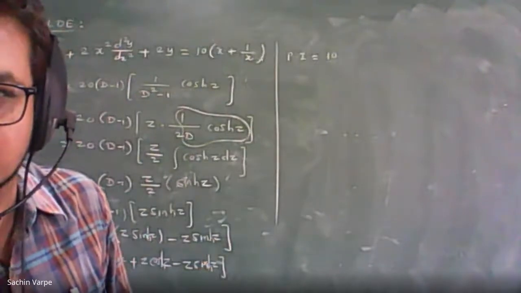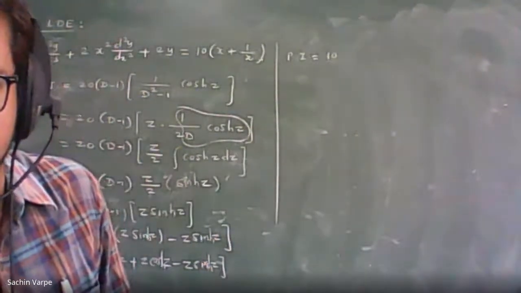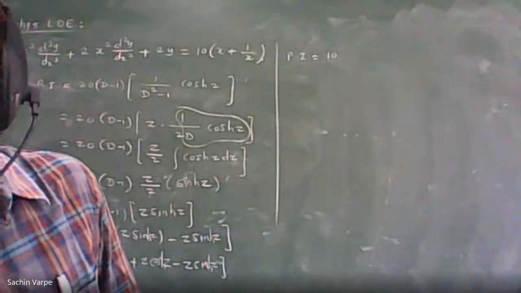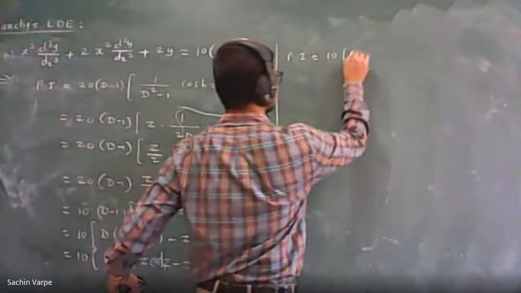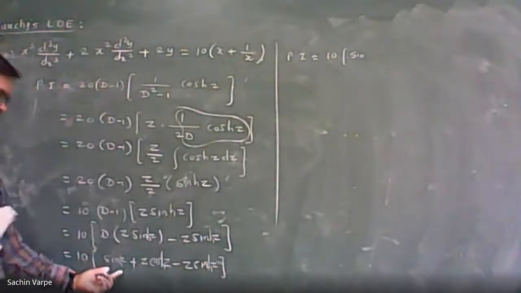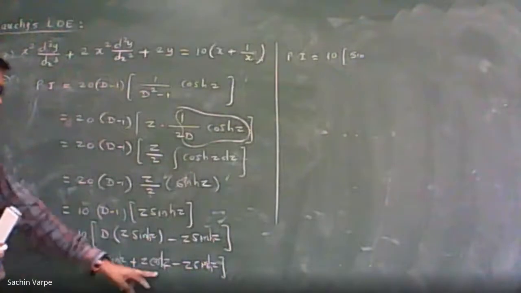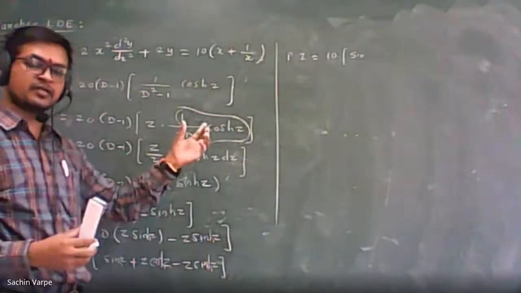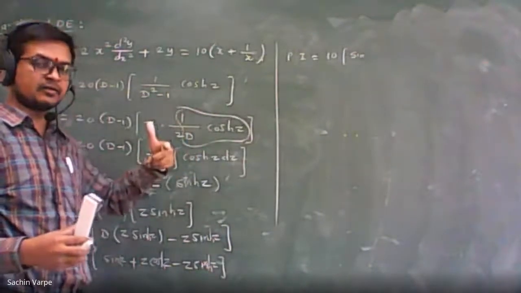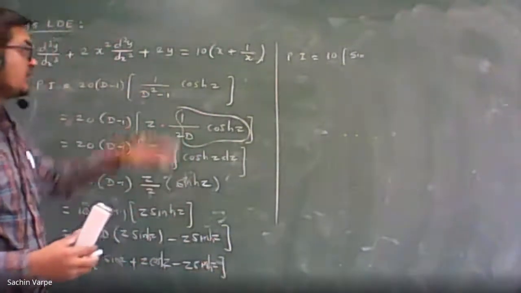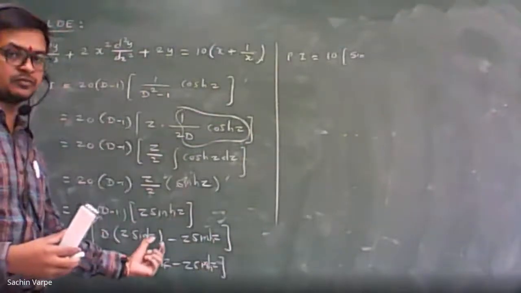Shravani. Okay, thank you, Shravani. 10 into hyperbolic. See here, we can simplify further: we can write hyperbolic sine in exponential form and then replace z by log x, so that we can cancel out that e and log, isn't it? That will be easier, I think, and that will be simplified also.